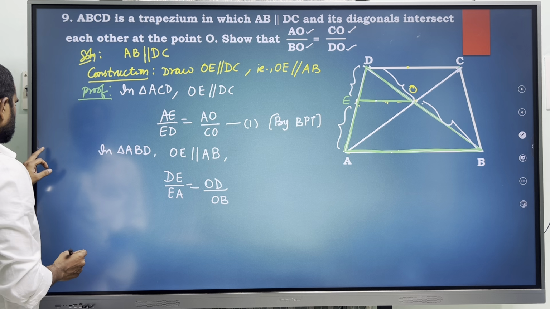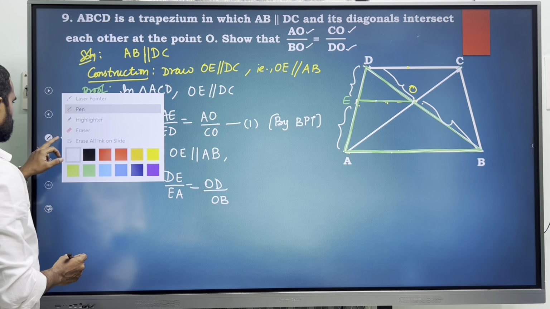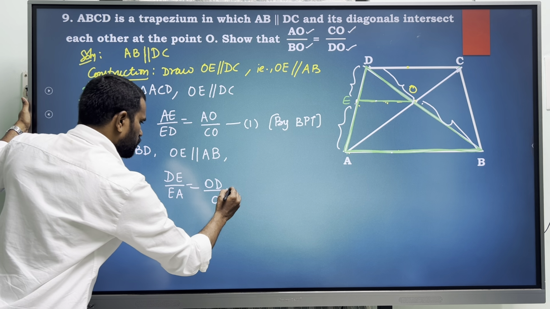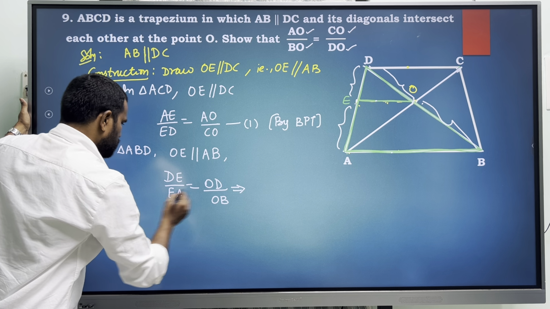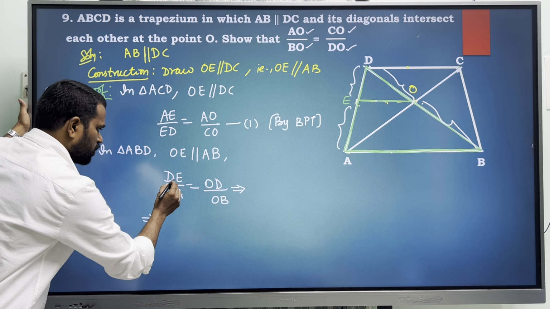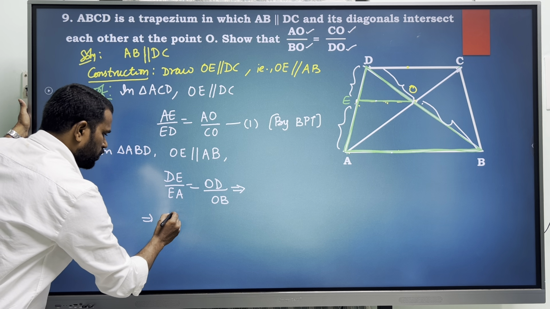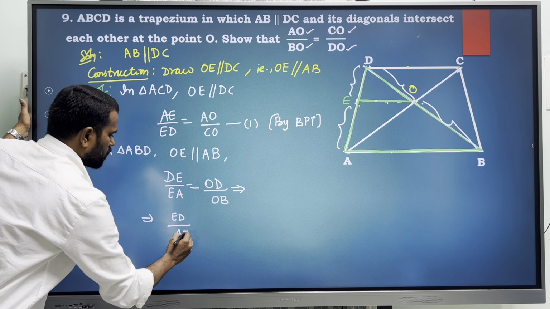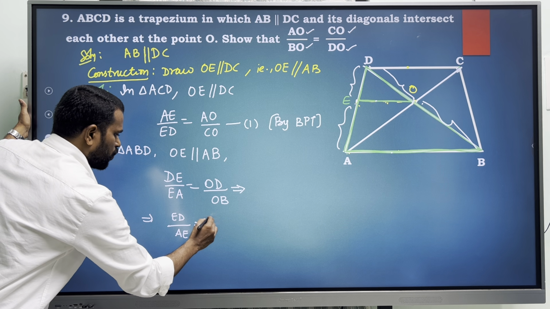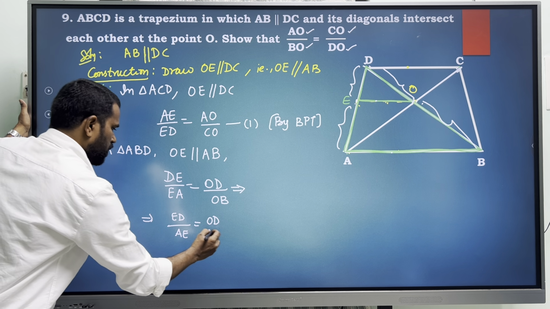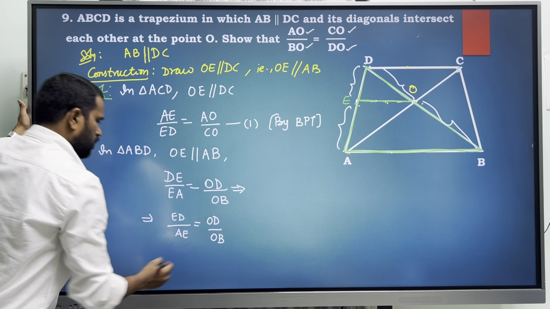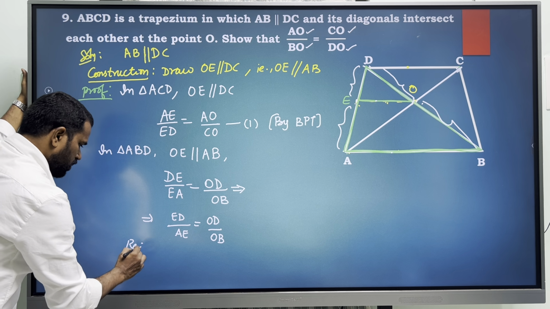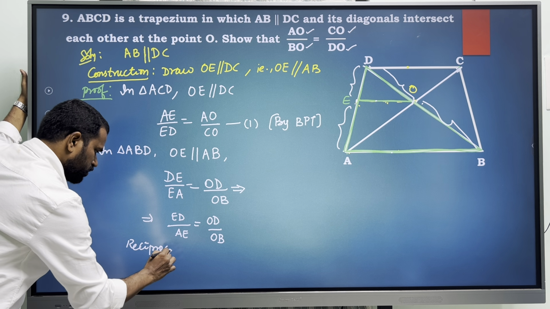So instead of DE by AE, I will write ED by AE is equal to OD by OB. Now I will reciprocate on both sides.